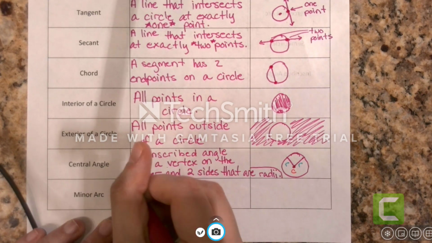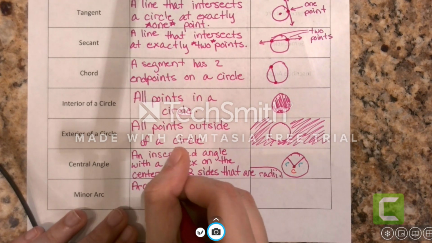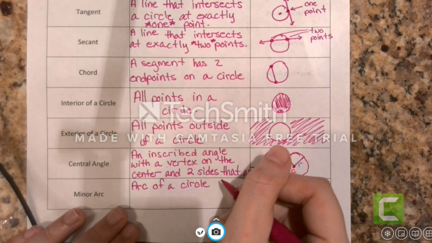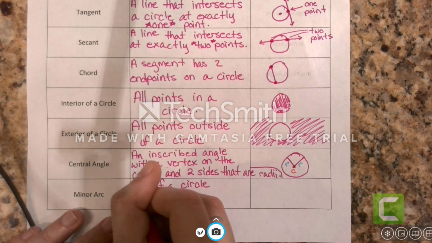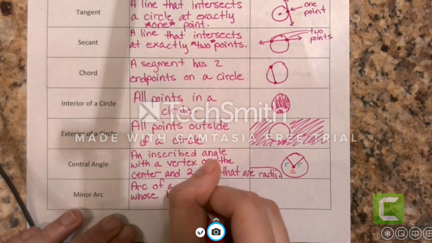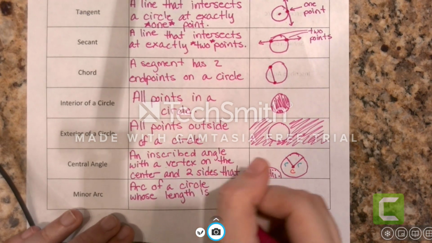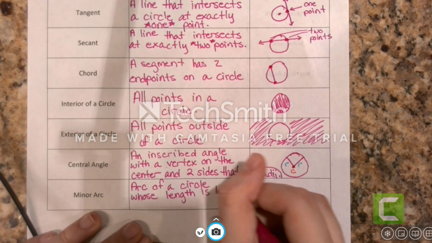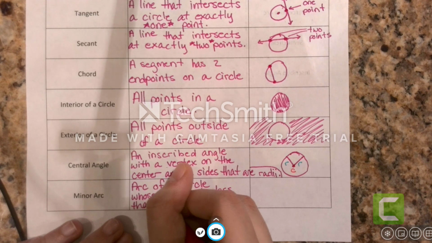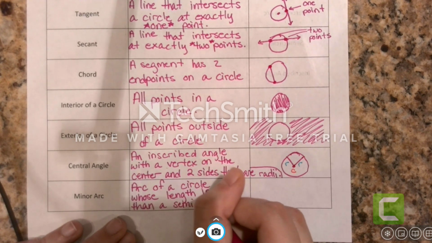A minor arc is an arc of a circle whose length is less than a semicircle.